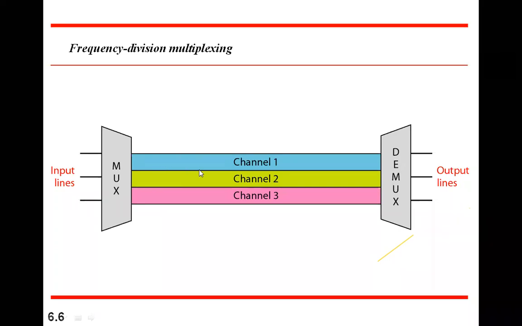But here there is one more disadvantage. When you are dividing the frequency into multiple streams, it is not so simple, because the devices we use at the multiplexing and demultiplexing ends are not so perfect. That means they don't work as perfect filters, starting from 0 and cutting off at 10 megahertz, similarly starting at 11 and cutting off at 20 megahertz. In normal practical designs, they spread a little on both sides.